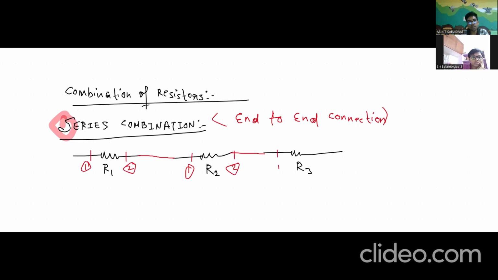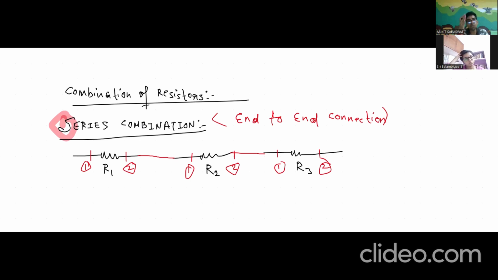So you can see 2 is connected with 1, 2 is connected with 1. End-to-end connection means the end of this resistor is connected with the end of this resistor.